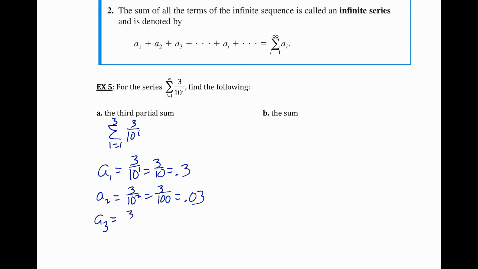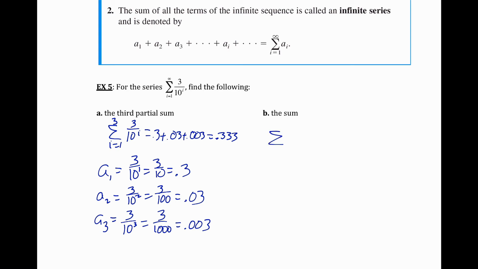Anyways, 3 over 10 to the third for the third term gives us 3 over 1,000, which is 0.003. So if we were to add these all up, 0.3 plus 0.03 plus 0.003 gives us 0.333. And I bet if you kept that pattern going, if I added a fourth term, there'd be another 3. If I added a fifth term, there'd be another 3.